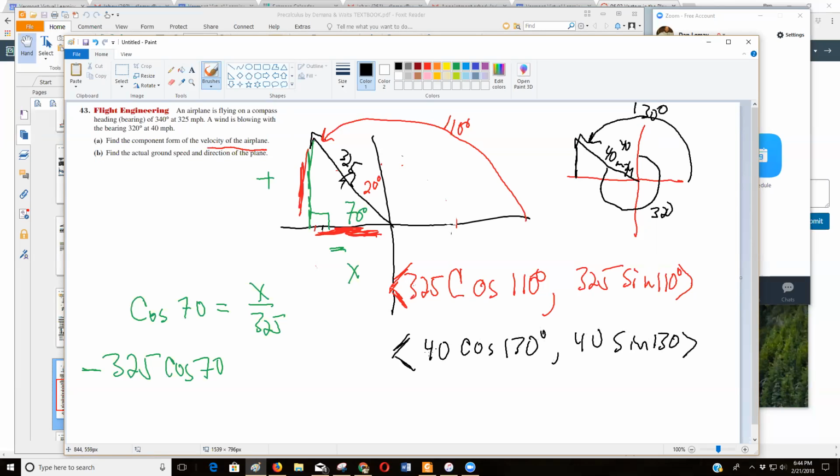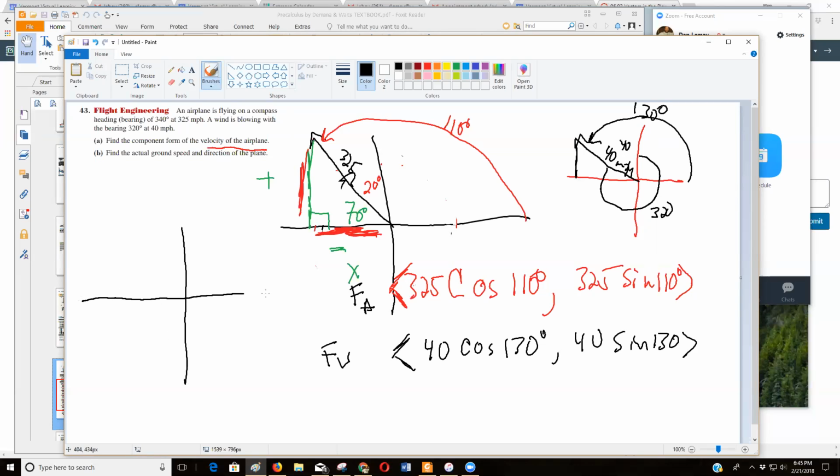So that's the component force of the wind, and that's the component force of the airplane. Now, more pictures, the better off we are, I think. If you think about that tip to tail kind of drawing, what I've got going on here is, here's the airplane.